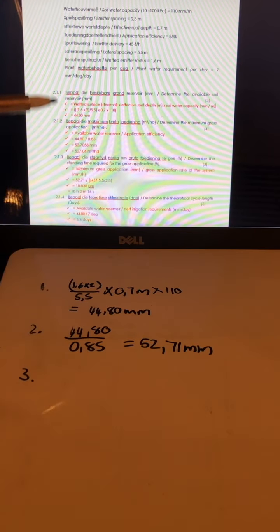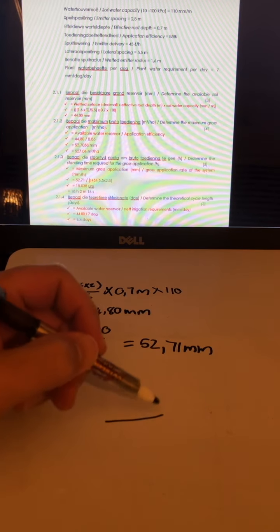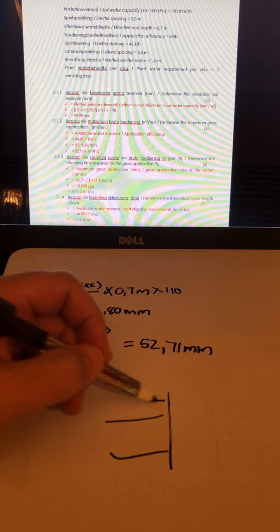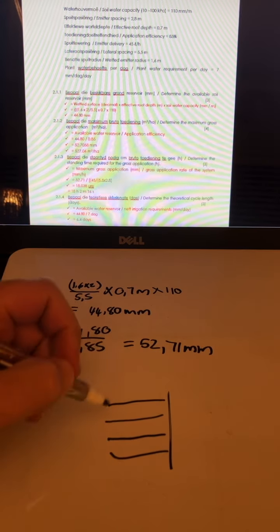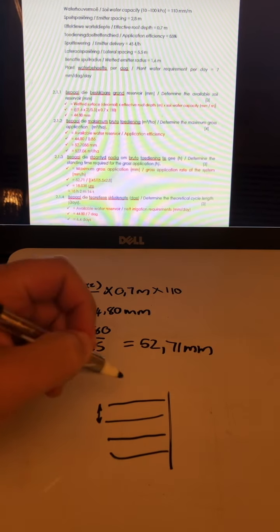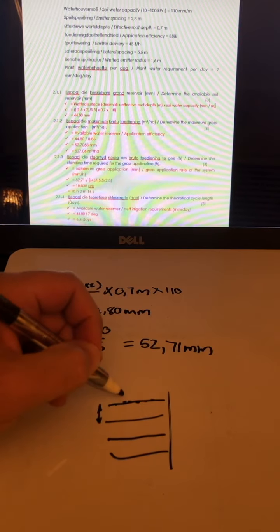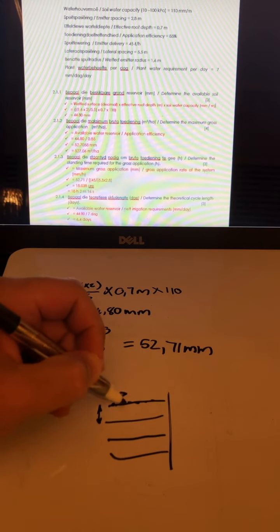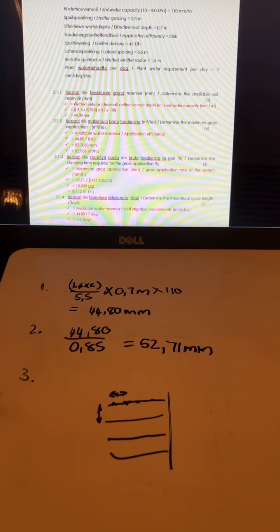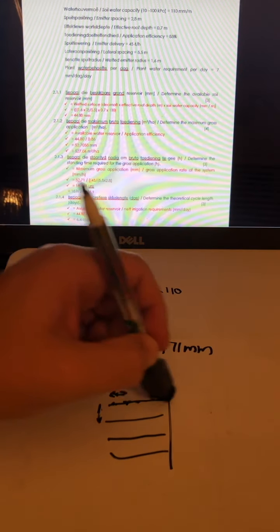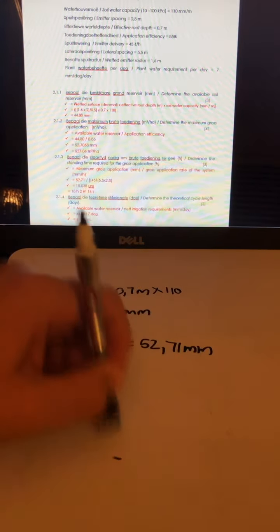Then you've got your lateral spacing as well as your emitter spacing. If this is your main line, that will be how far your laterals are spaced, as well as how far these emitters are spaced. In other words, your lateral spacing and emitter spacing will basically give you the whole area for your crop.